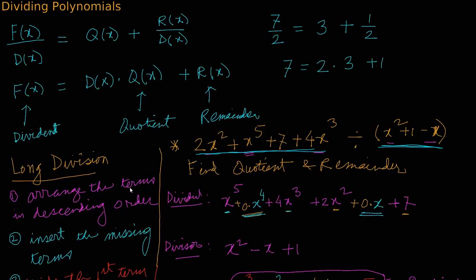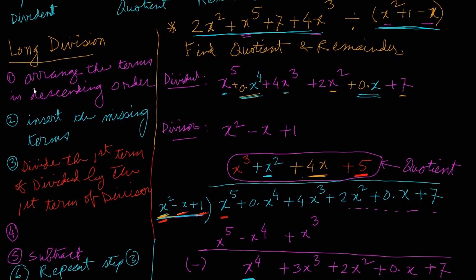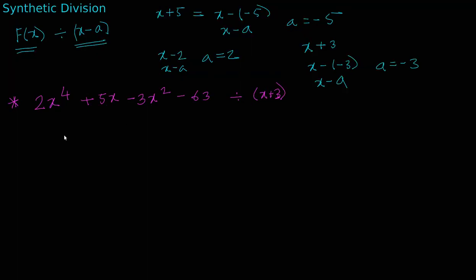Like in long division, if you notice, in my first step I arrange the terms in descending order, and in the second step I insert the missing terms. That's what I did for steps 1 and 2 for long division. It's exactly the same for synthetic division.